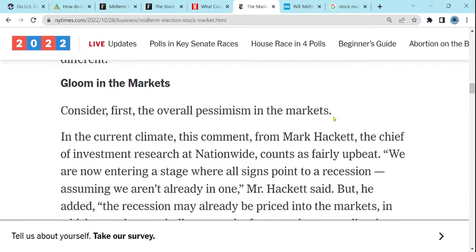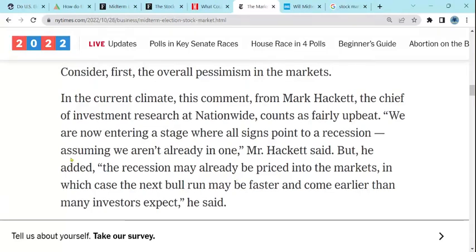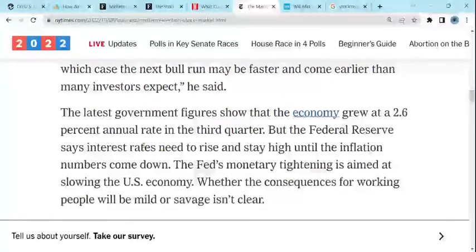So consider this: overall pessimism in the markets, current climate. We're now entering a stage where all signs point to a recession, assuming we aren't already in one. And you all have heard my opinions in those regards and our game plans, etc. The recession may already be priced into the markets, in which case the next bull run may be faster and come earlier than many investors expect. The latest government figures show the economy grew at a 2.6% annual rate in the third quarter.